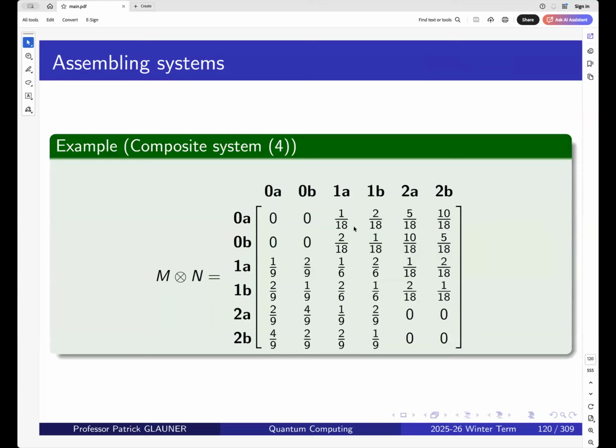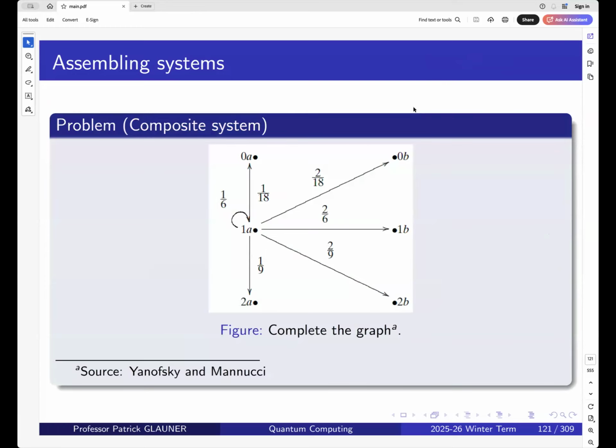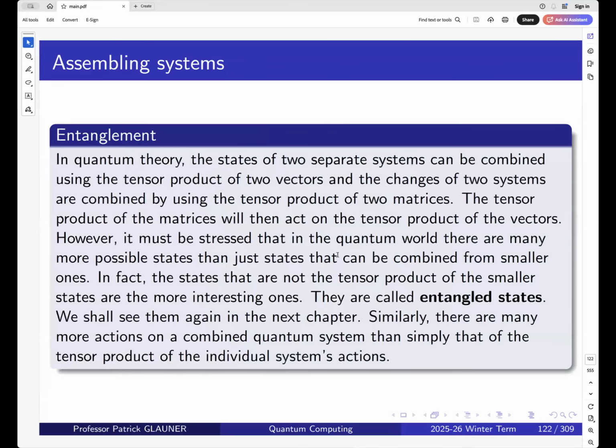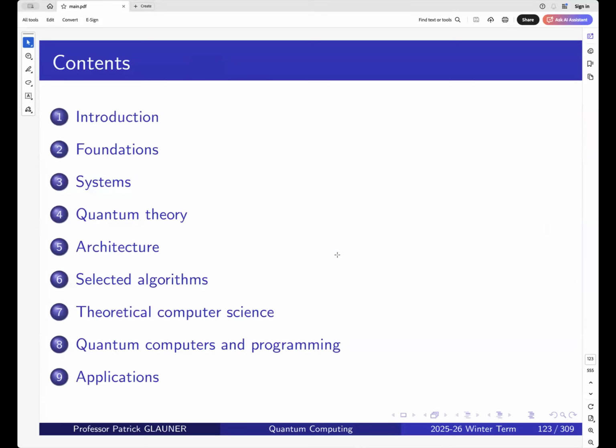And rather than tediously trying to multiply the right probabilities, we can do this in a more formal way, and we use the tensor product for our two matrices to describe a composite system. And this was also your homework. You can think about how to complete this figure here in order to represent this transition matrix. We briefly talked about entanglement, and that's something we will continue today.